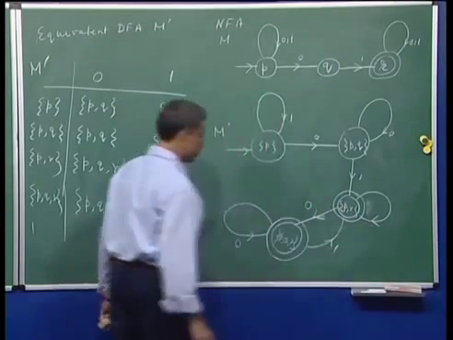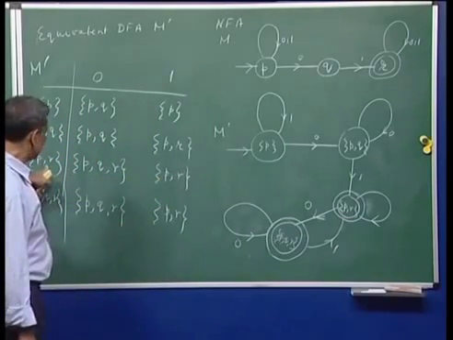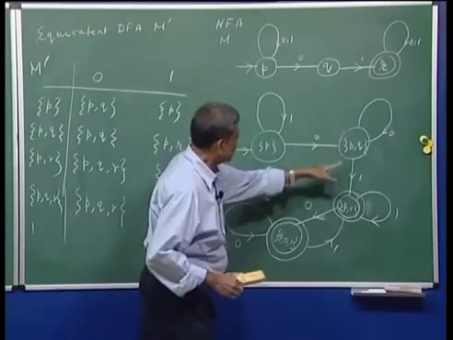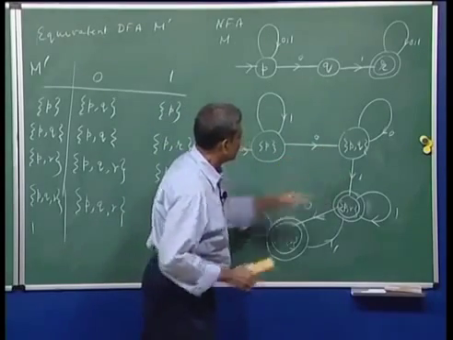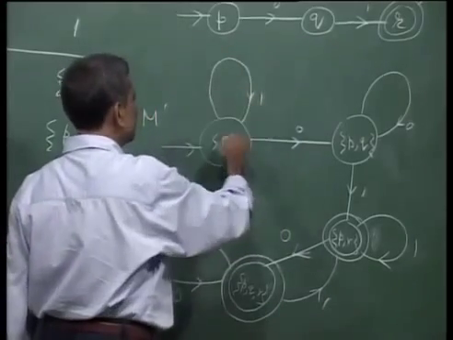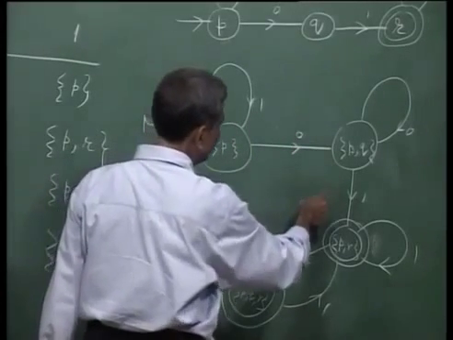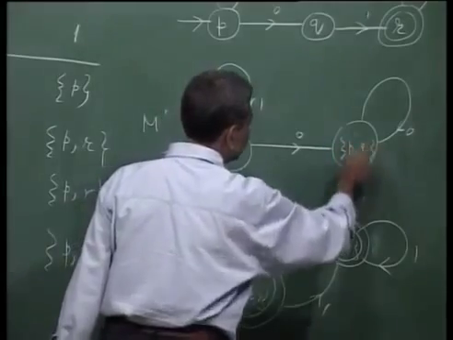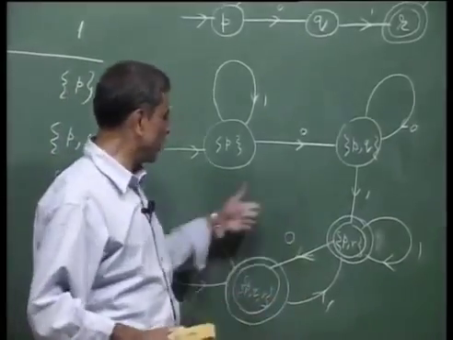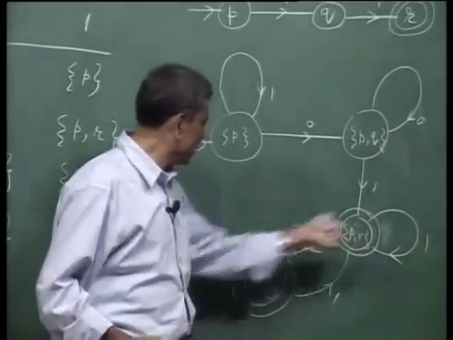I should have put down what that transition was: PR on 1 it remains here. So, you see, once it has seen 0 and 1, then whatever be the symbols which come later on, we should accept the string, and therefore it is either of these two states.